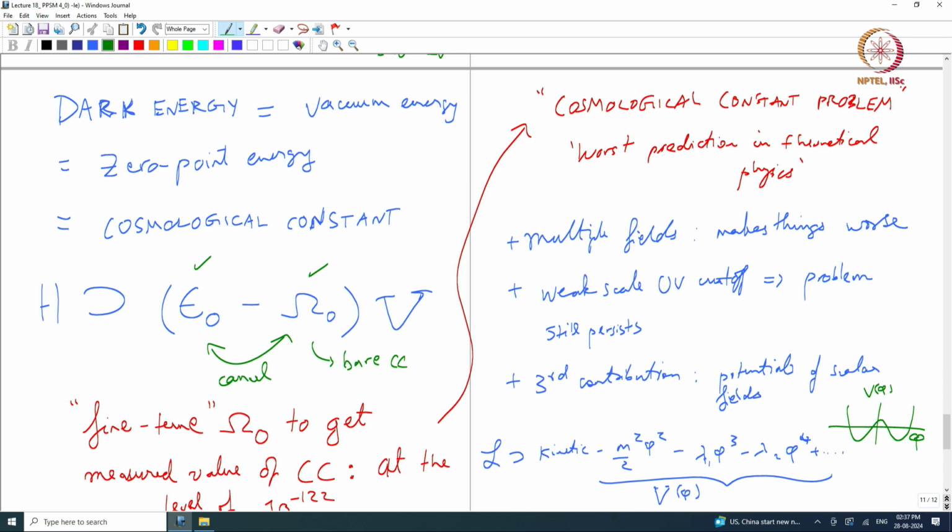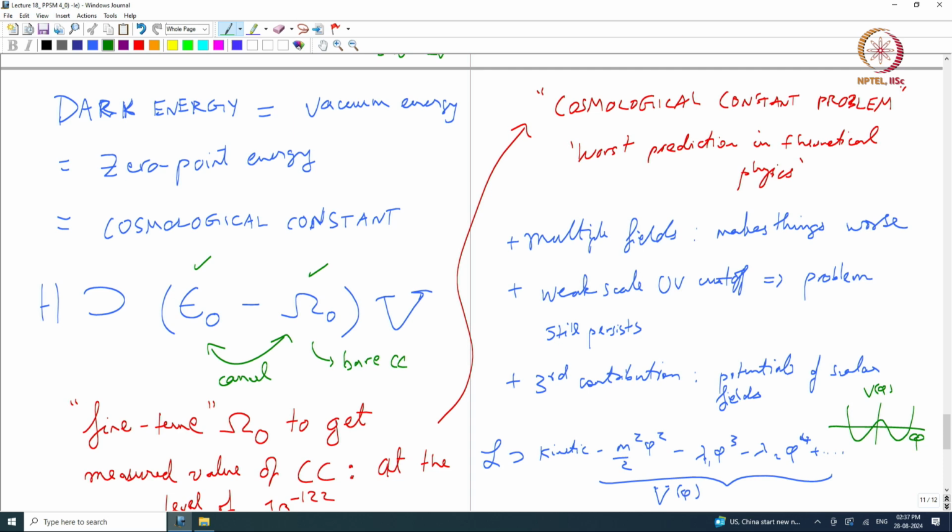Just like the cosmological constant, it's constant because it's uniform all across space and time. Similarly, these potentials would dump energy uniformly at all points in space. So, in other words, that's another masquerader of dark energy, right? It's another contributor to dark energy. So, that's what it is.